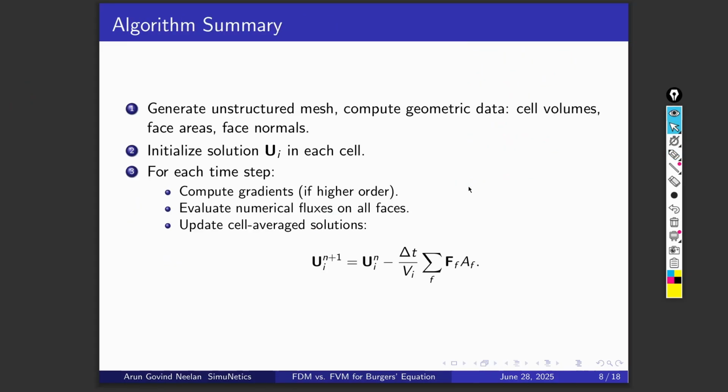Now we shall briefly see the summary of what the finite volume method is. In the finite volume method, first we divide the domain into small cells. Then we apply the governing equation locally on every cell. So let's say we have a cell like this. First we calculate the centroid of the cell.